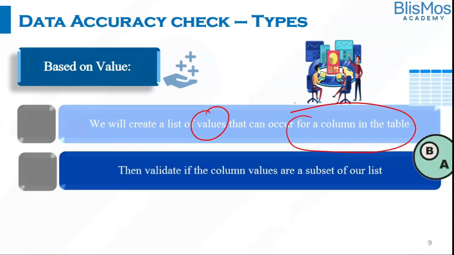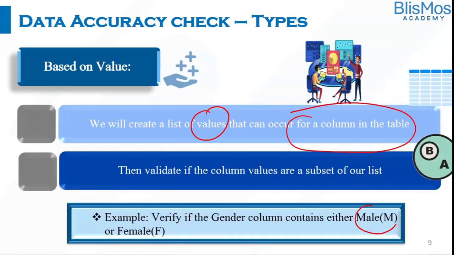For example, gender. When we talk about the gender column, it can be male or it can be female. You cannot have multiple hundreds of genders, right? You can have only these two genders. So we'll validate if the column values are a subset of our list. In the gender, we should have only male and female.